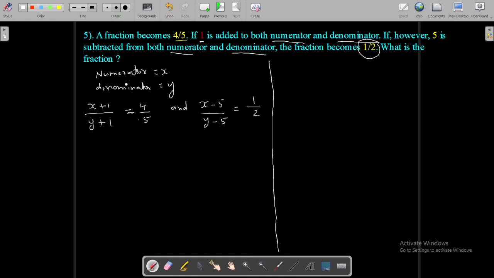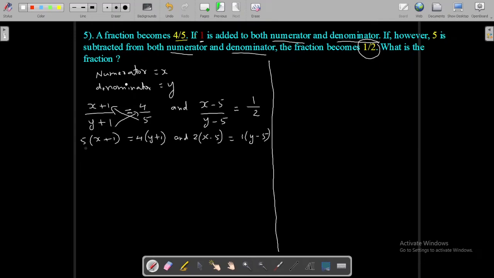If I cross multiply these two, 5 into x plus 1 is equal to 4 into y plus 1, and similarly 2 into x minus 5 is equal to 1 into y minus 5.